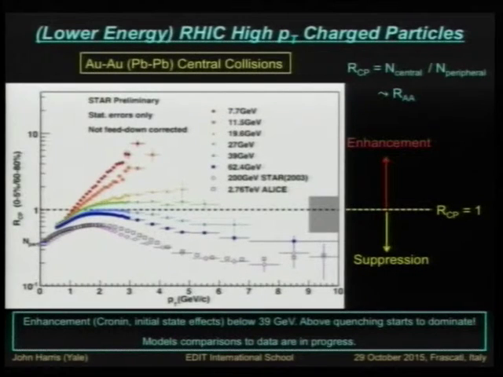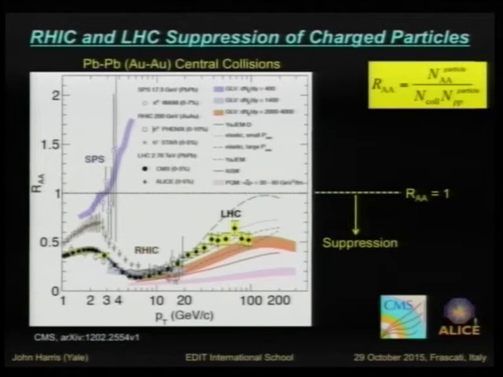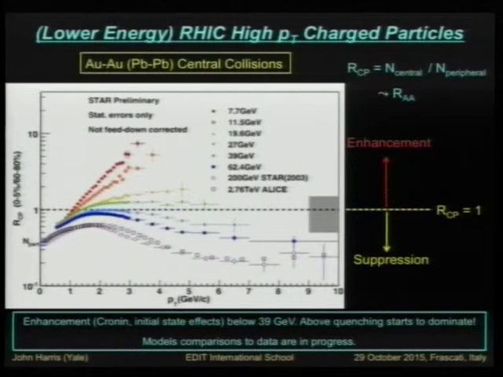The other thing, I come back to this in just a minute, because you see it rising again at the LHC. But I wanted to also say, at RHIC there is the RHIC beam energy scan, going down in energy from 200 GeV gold on gold down to 7 GeV.